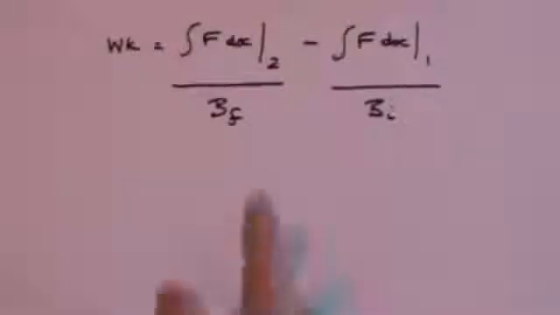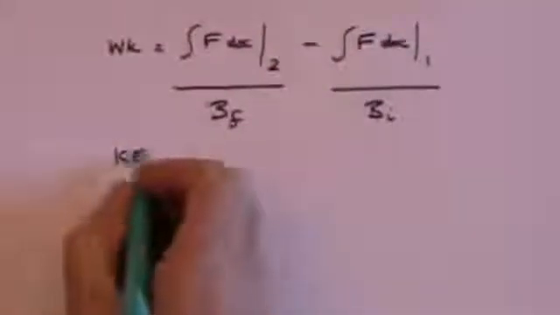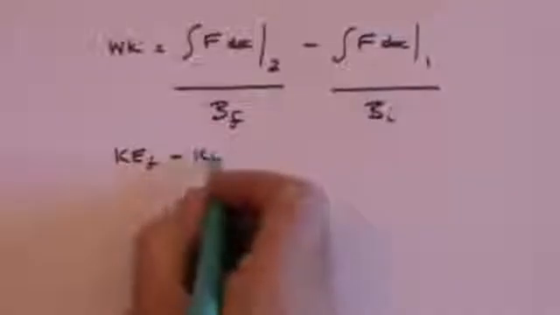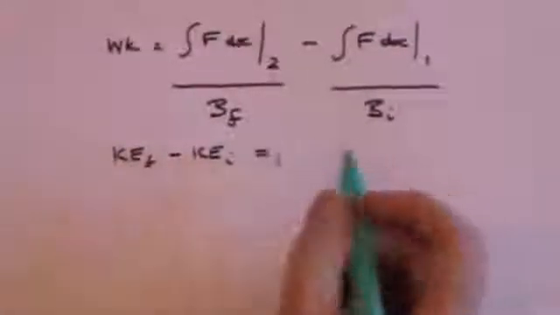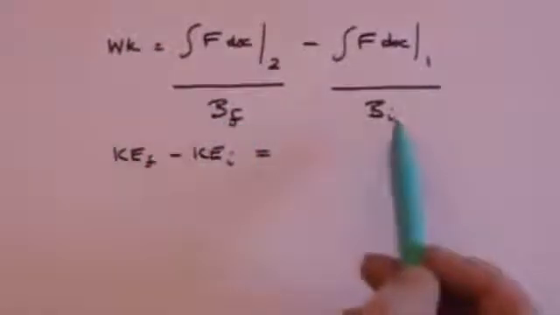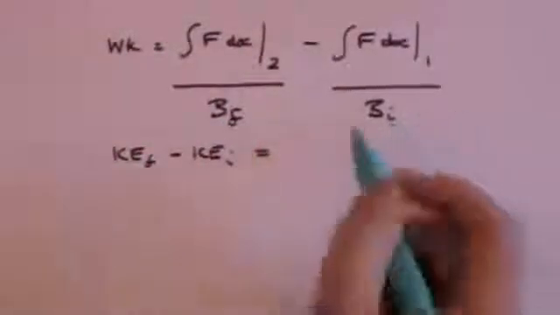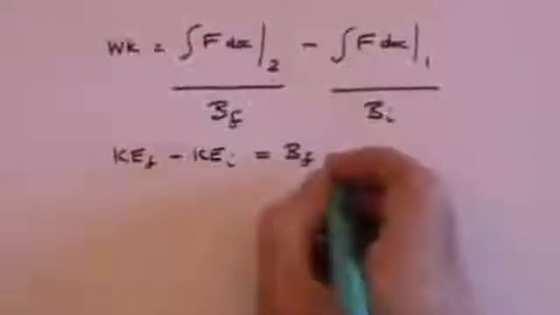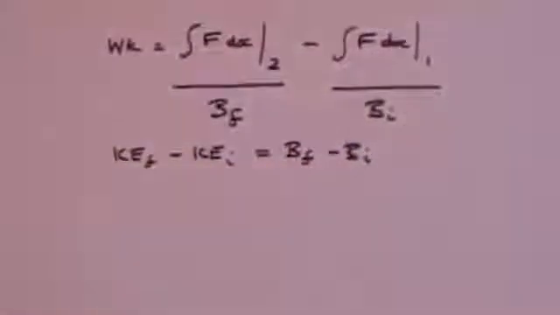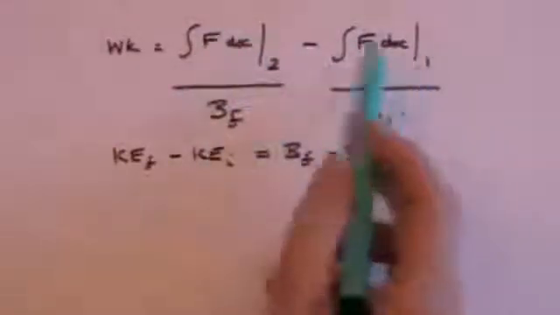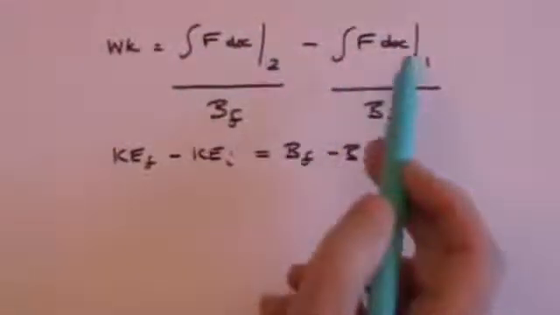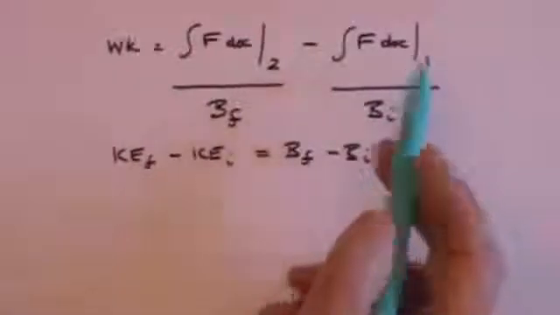Now, since we said that the work was the kinetic energy at the final stage minus the kinetic energy at the initial stage, that means the work is B_F minus B_I, where, of course, these are just these integral terms evaluated at the final position and at the initial position.